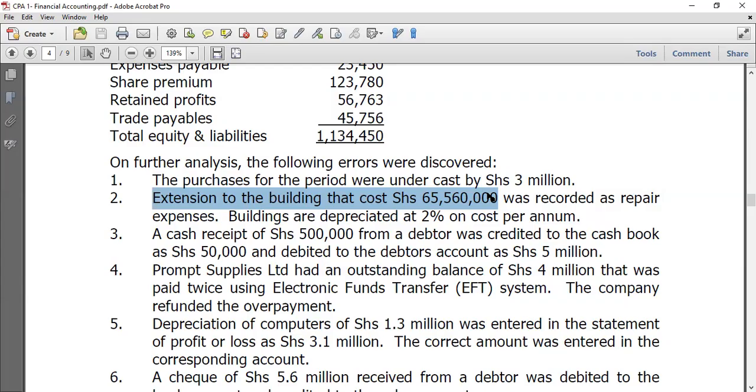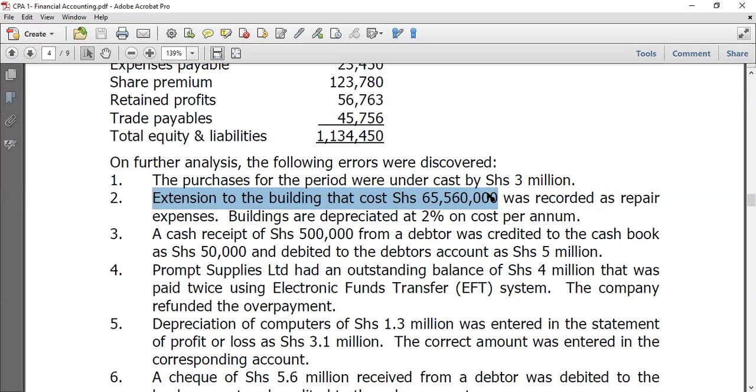This is not the only aspect when it comes to building. If you just paint a building, then you can post that to the expense account. But if it includes increasing the capacity of an asset, for example an extension of a building, it means you have an extra room, or one of the rooms gets a little larger compared to what it was. Now, the principle is that any outflow that increases the capacity of the asset should be capitalized, and so we should call it a capital expenditure.